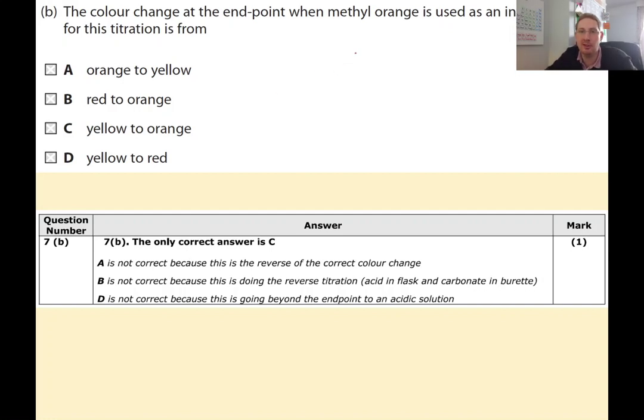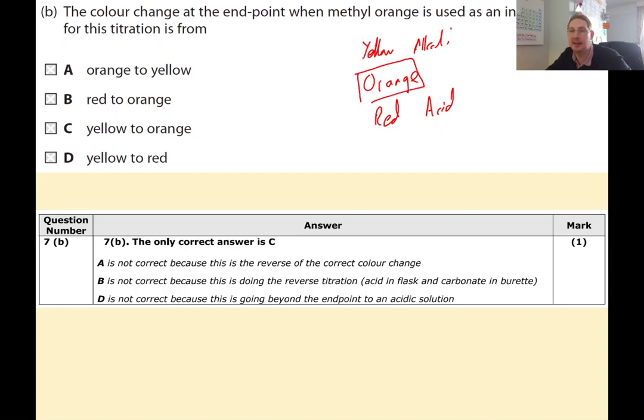I talked about methyl orange going from yellow in alkali to red in acid, where it is orange in the middle. Okay, and I said, I think, the correct colour change, make sure you go yellow to red or red to yellow. Orange is also acceptable. Actually, my mistake was they want the endpoint to be orange in this case.